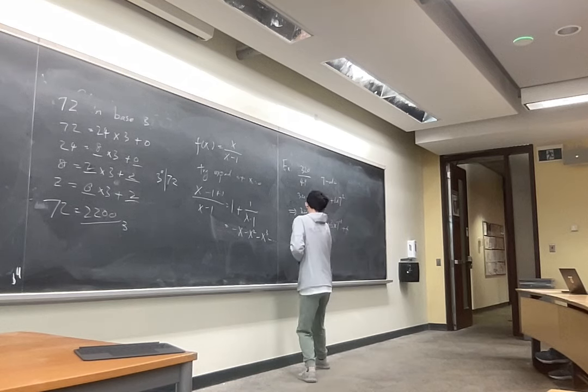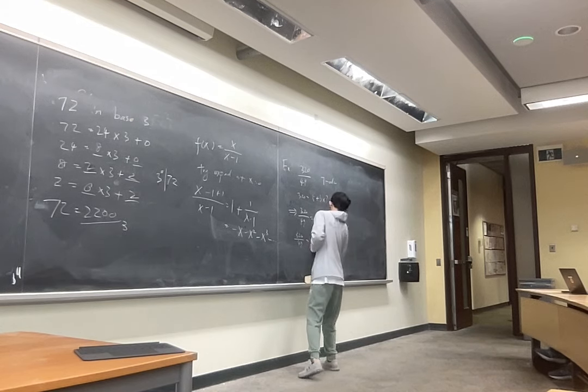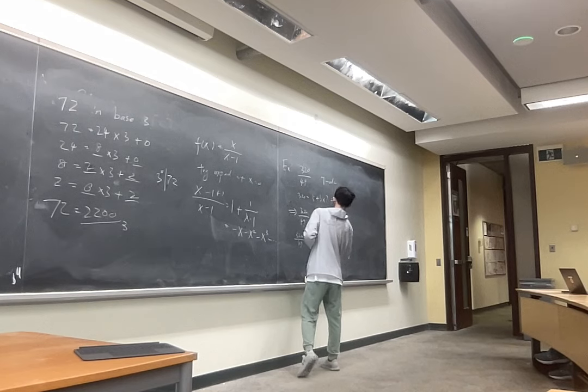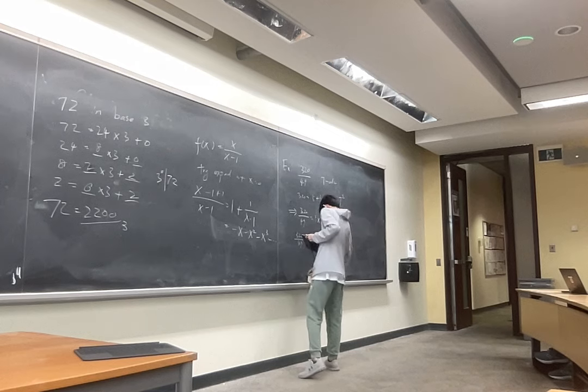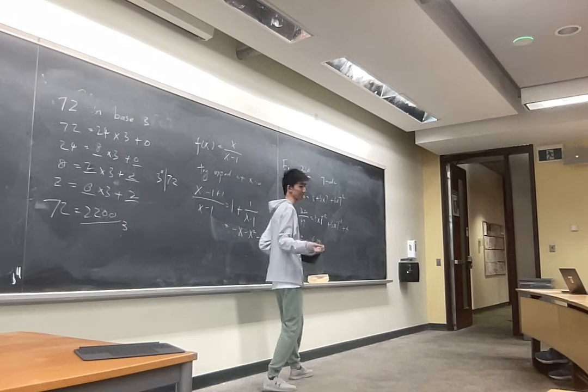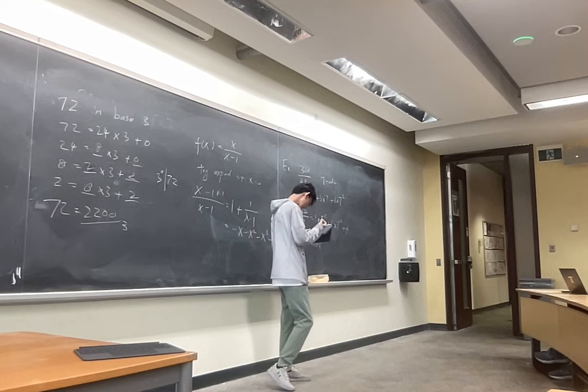Or equivalently, 320 over 49 has 7-adic representation 6 dot 3 5. So when divided by a power of p, we can just shift the decimal point, the same as the usual way. But how about something else?